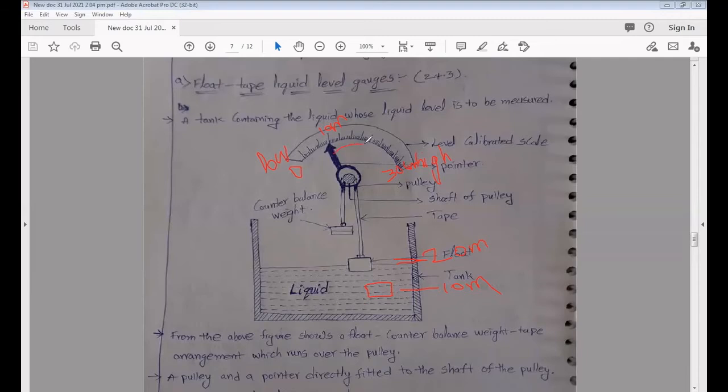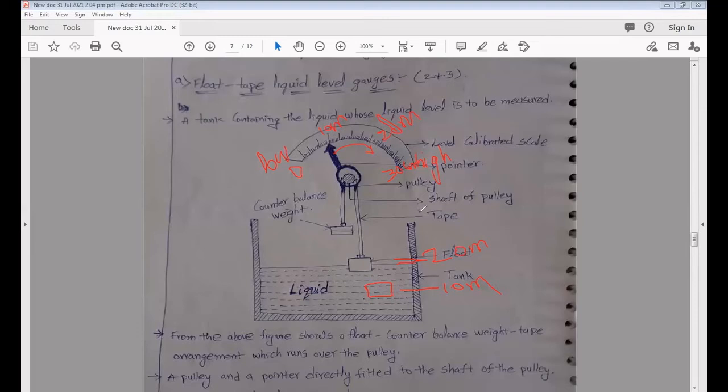The pointer will reach the 20 meter mark on the graduated scale. This is the actual procedure. According to the meter scale, we can identify 20 meters, 10 meters, or otherwise calculate how much liquid quantity is inside the tank.